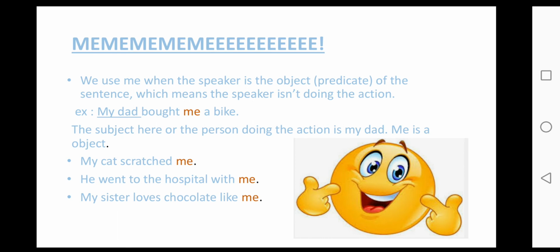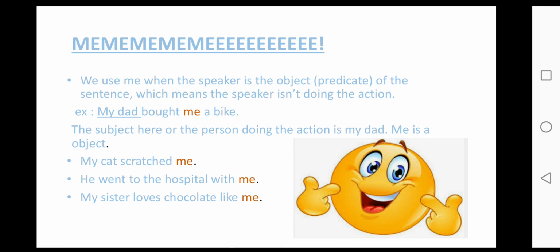My dad bought me a bike. So my dad bought me a bike. For whom did he buy a bike? For me. Excellent.